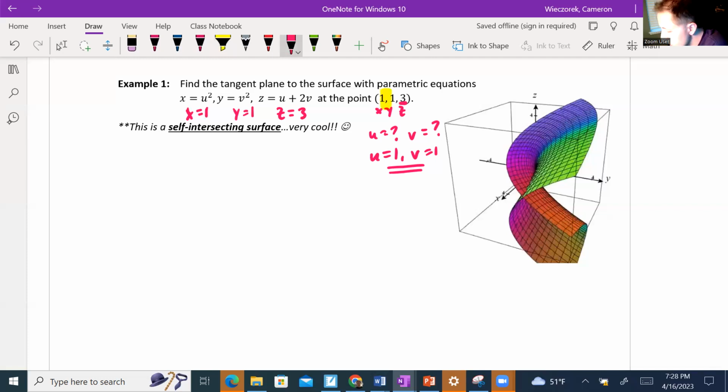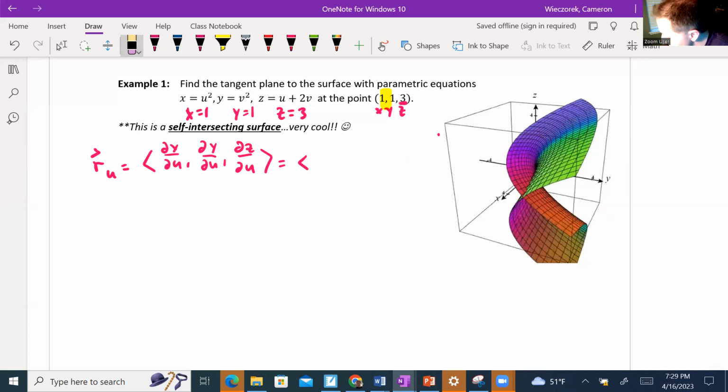But process, what do we need? Well, we need a normal vector, so we're going to need to calculate RU and RV. If I take the partial of R with respect to u, this is going to be dx/du, dy/du, dz/du. I'm going to erase some of this stuff off to the side here.